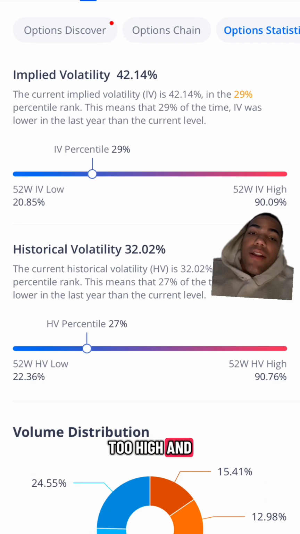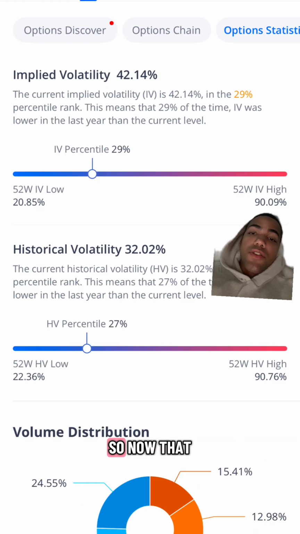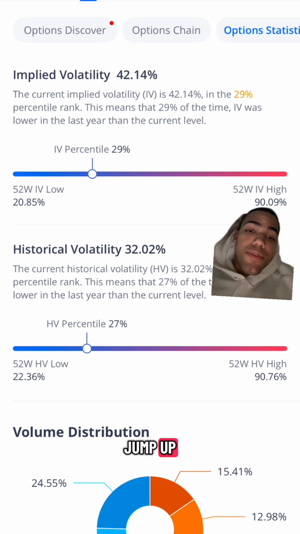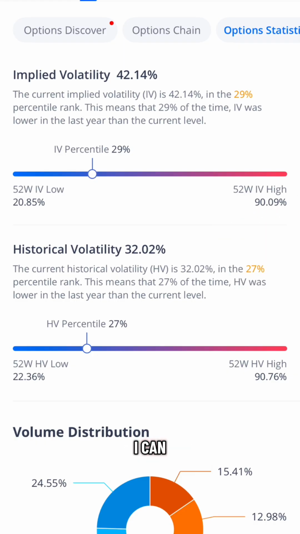If it's too high and it goes down, your premium will go down. But if it's very low and it goes up, then your premium will go up because implied volatility went up. So now that it's low and you buy in now, your premium is likely going to see a big jump up. I hope that makes sense. If anything, just leave a comment. I'll try to break it down as good as I can.